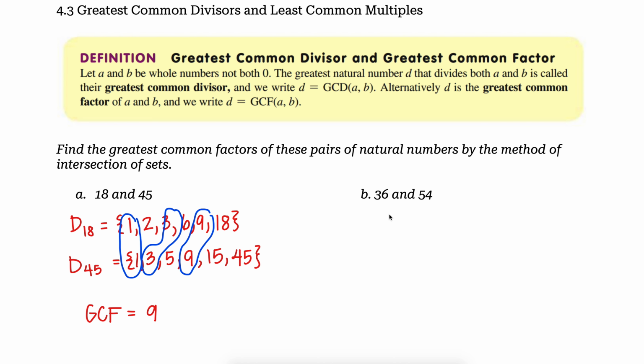So the same thing here for 36 and 54. 36 has quite a few factors.